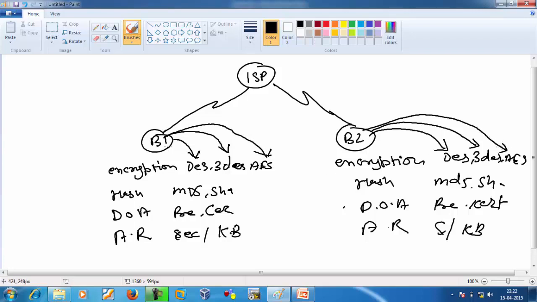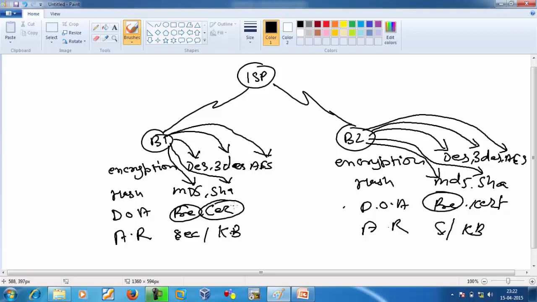Same, if branch 1 is using MD5 for integrity, it is mandatory branch 2 will use MD5 for verification. If branch 1 is using SHA, then branch 2 will also use SHA for verification. Same here, if we are using a pre-shared key, both sides should use a pre-shared key. If we are using certificates, then both sides should be implemented with certificates, so that they can understand the message properly.